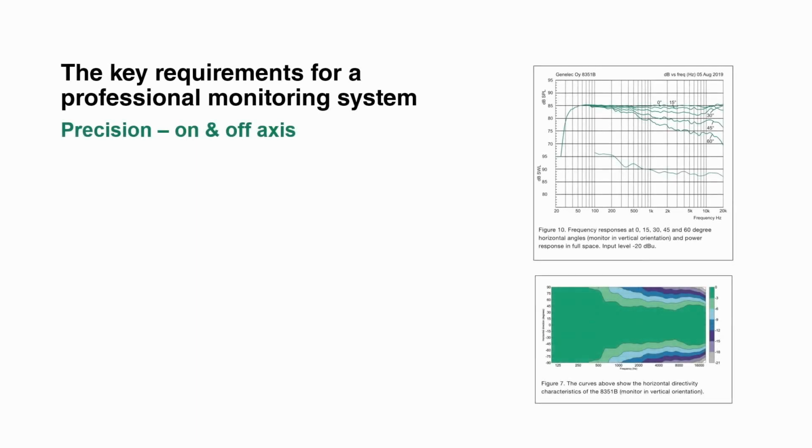Another key consideration would be precision of the frequency response on axis, but also off axis. If we can ensure a flat on and off axis response, we give ourselves a much wider listening area.